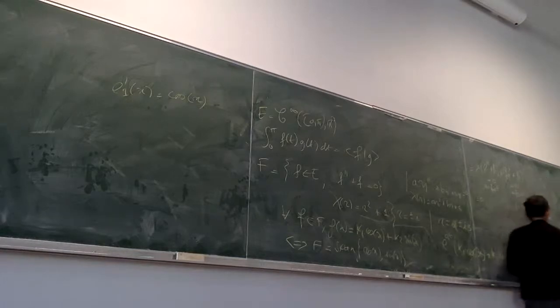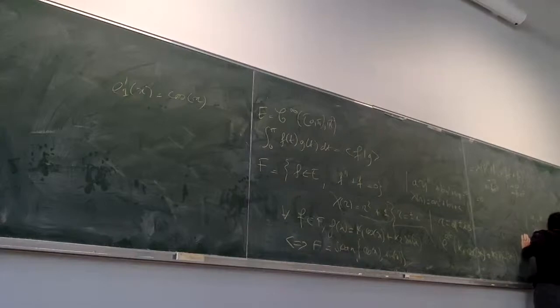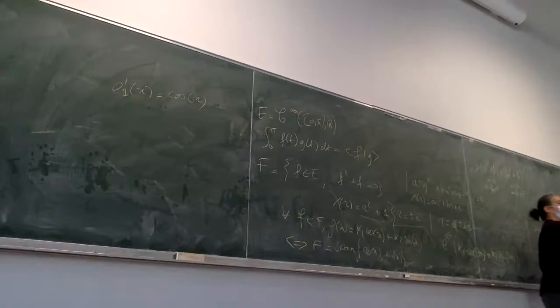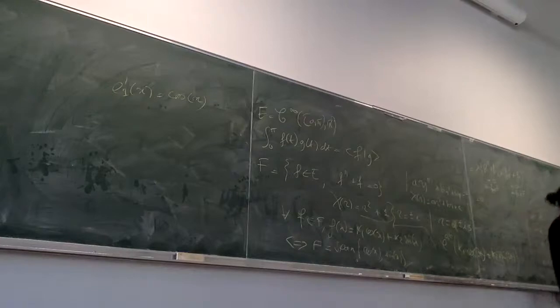In my case, u is cosine of x, and v is sine of x. They are both functions. It means that they should be equal for all x. Can we find a value k such that cosine of x is equal to k times sine of x for every value of x?